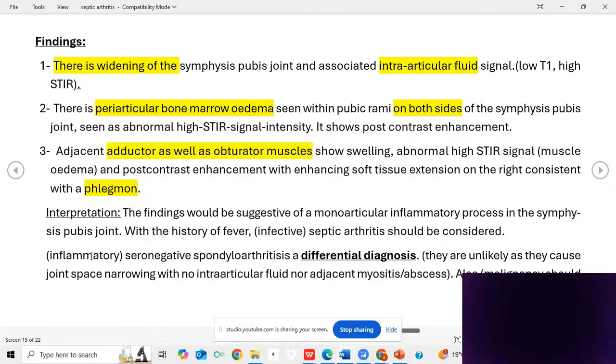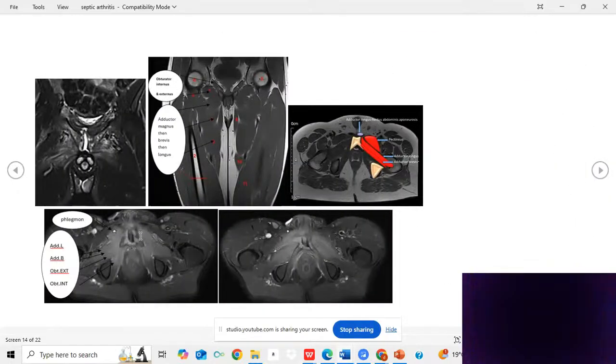The inflammatory process is unlikely here as it causes joint space narrowing, with no intra-articular fluid nor adjacent myositis or abscess. The intra-articular fluid and the adjacent myositis or abscess is characteristic of septic arthritis and not seen in inflammatory arthritis.